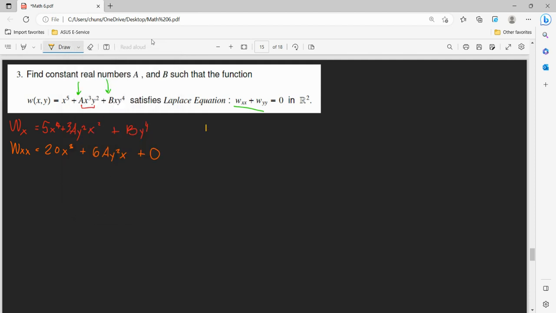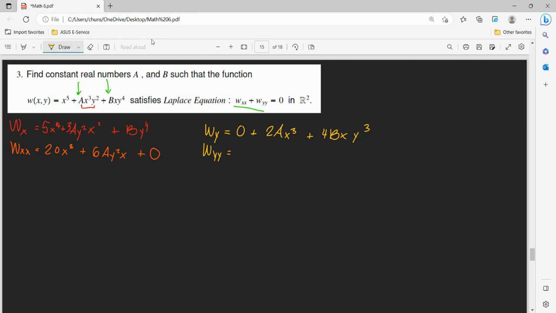Now we're going to find our first partial derivative for y, and we're going to see how this comes together. So this is just 0 plus, so now we're going to put our 2ax cubed, and this is plus 4bx y cubed. And when we do it again, that's 0 again.